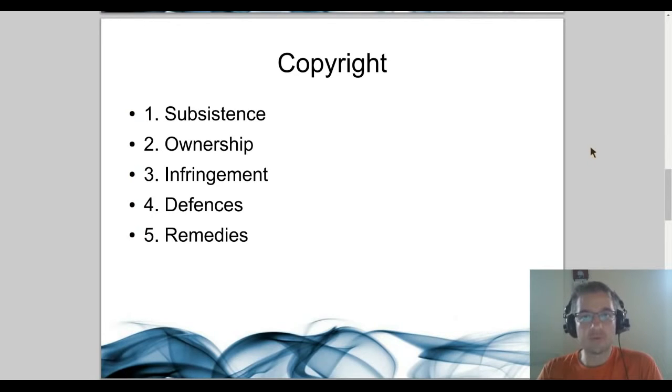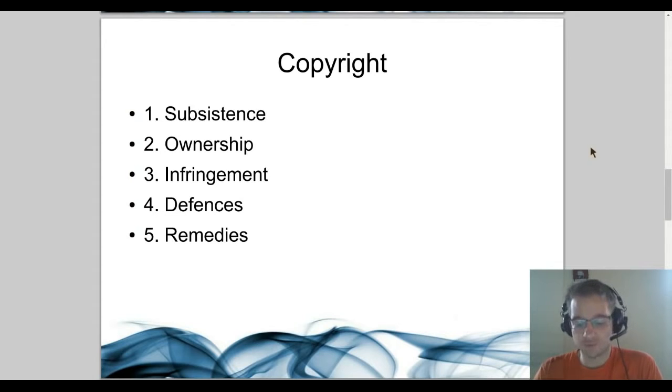Infringement's a little bit more detailed. We need to know how an infringement is actually established, both a direct infringement, which is by doing one of the acts comprised in the copyright, usually by copying, reproducing, broadcasting, and so on. You'll need to know all of those different acts that trigger infringement, and they differ for any given copyright work, not for the category of work.